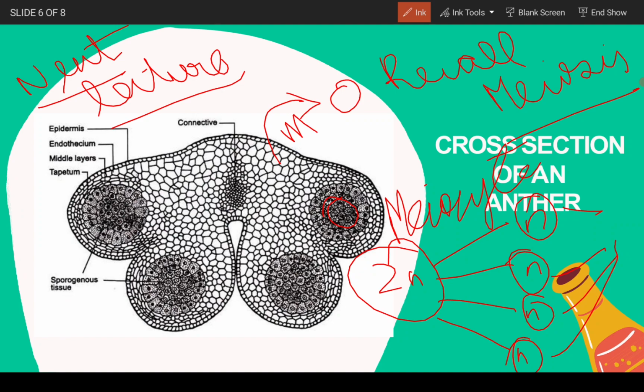These sporogenous cells undergo meiosis and somehow help in the production of what we see as pollen grains. But now we are clear, children, that sporogenous tissue is present in the sporangium, and what is its function? It helps in gamete production or pollen grain production or gametophyte production.